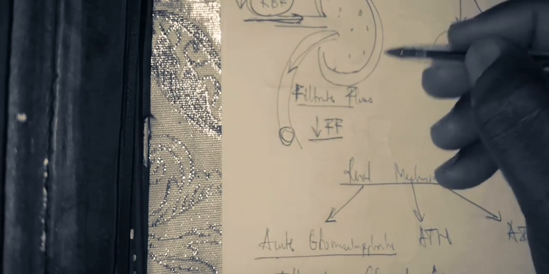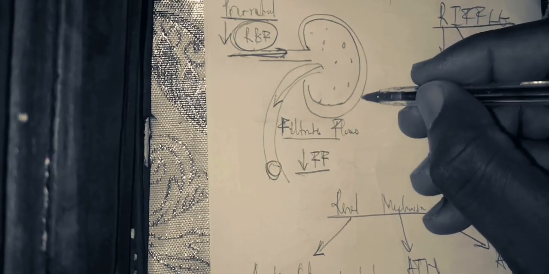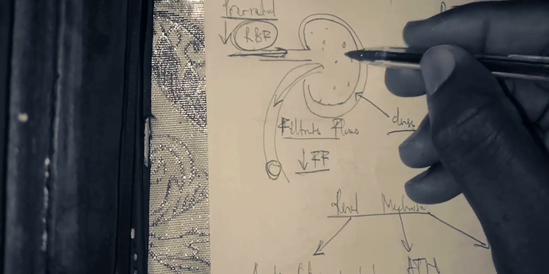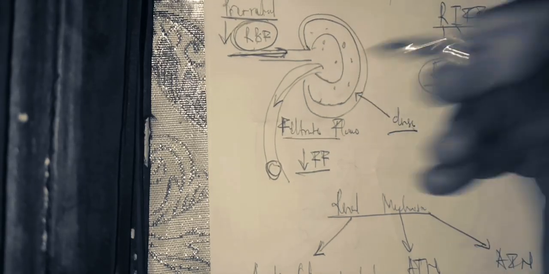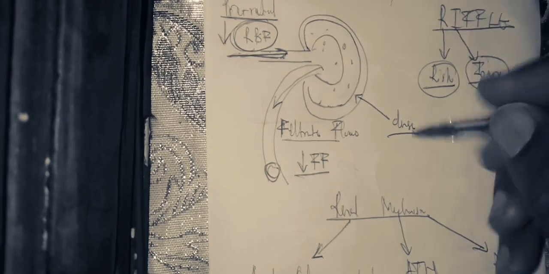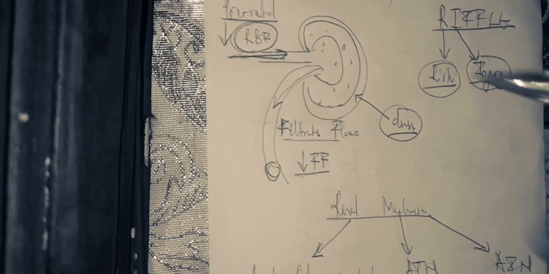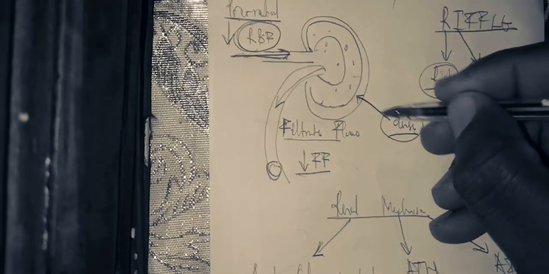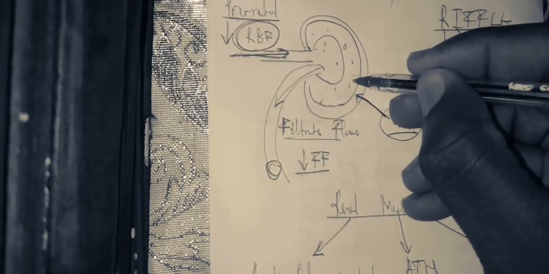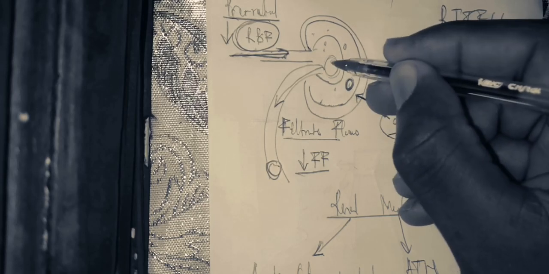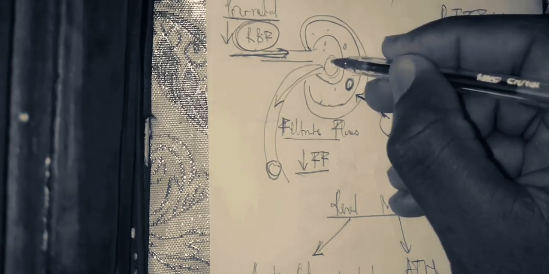The cortex is differentiated from the medulla by being denser. The medulla is less dense. So on echography, the cortex is hyperechogenic, while the medulla is hypoechogenic.